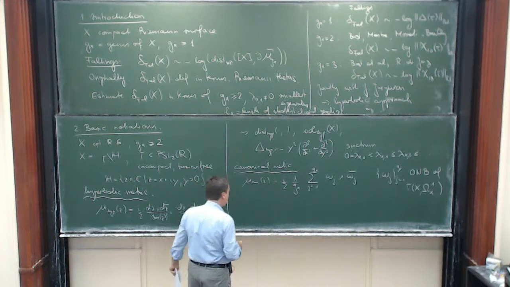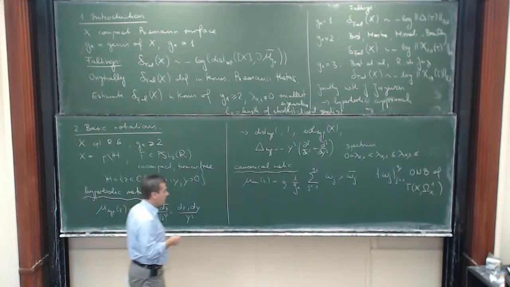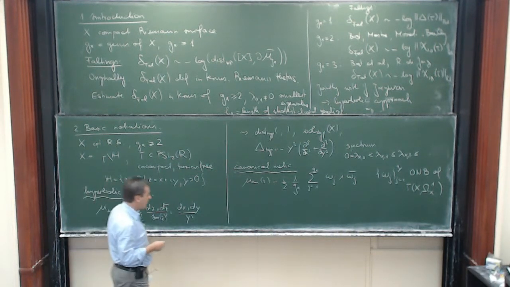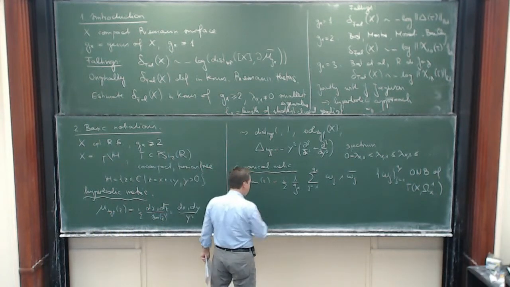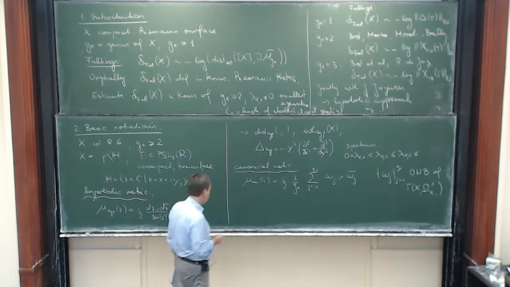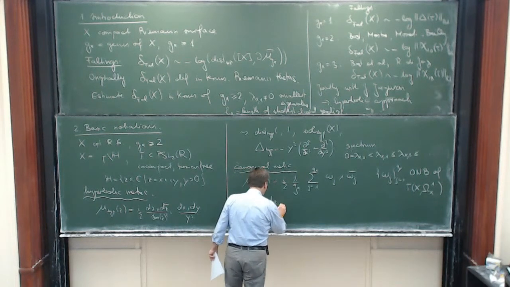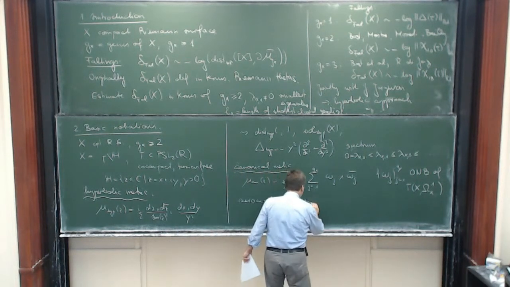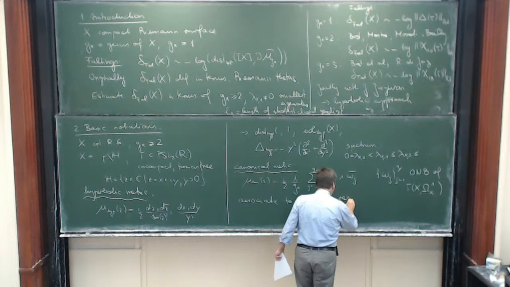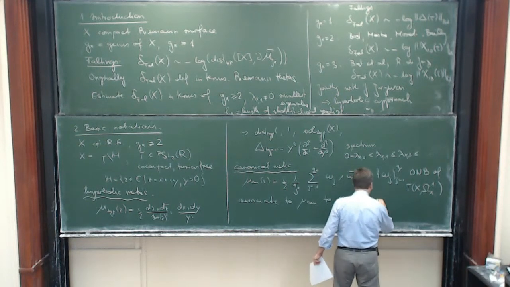And when you do the usual game in Arakelov theory, so you go to the associated Green's function, then you can associate to the canonical metric the residual canonical metric.